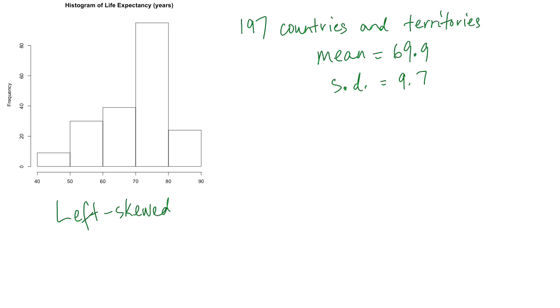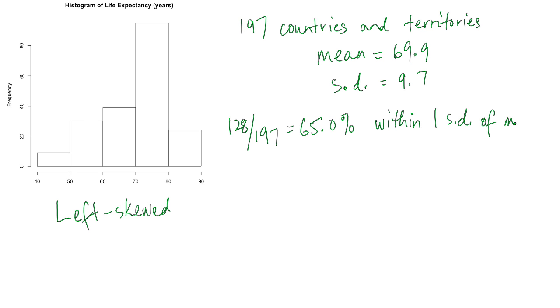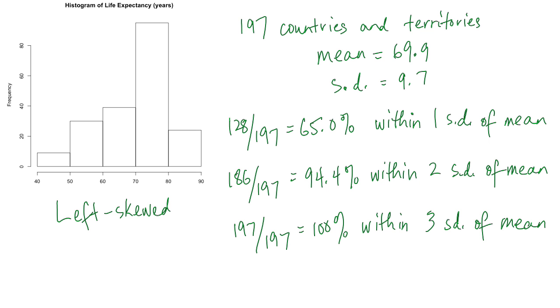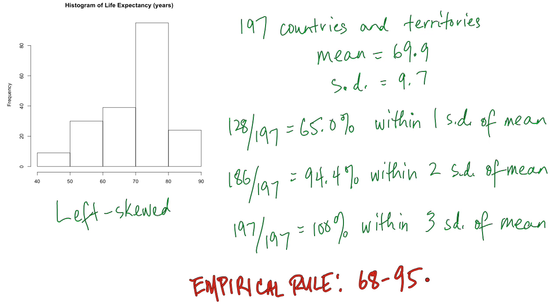It can be shown that 128 of the 197 countries and territories in our data, that's 65%, are within 1 standard deviation of the mean. 186, or 94.4%, are within 2 standard deviations of the mean, and 197, all of the countries and territories, are within 3 standard deviations of the mean. We can see that even for this left-skewed distribution, we are very close to the 68, 95, 99.7% of the empirical rule.